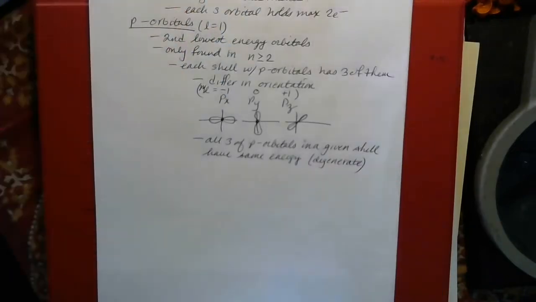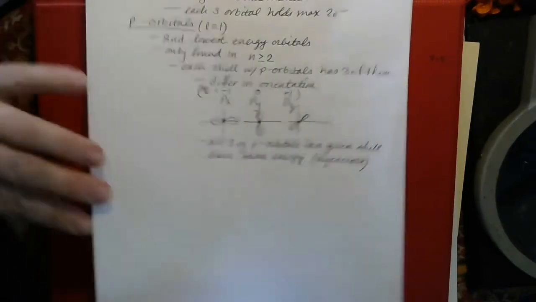And the technical term for multiple things that have the same energy is degenerate. So it's kind of interesting. No, they're not perverts. They just have the same energy. In science, degenerate means have the same energy.